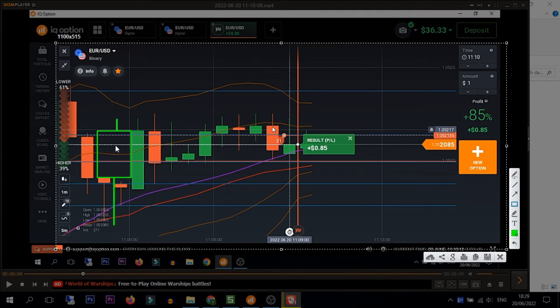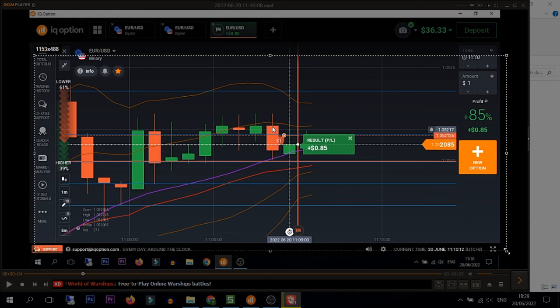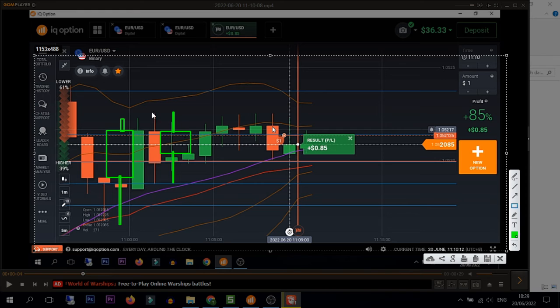Okay, this is some kind of hammer, I see that, okay, and I thought it was a retracement and happened a big one like that, something like that, I'm sorry. And what I'm observing here was like this, okay, and then this is like some kind of retracement, okay, but I'm also not sure about this one.